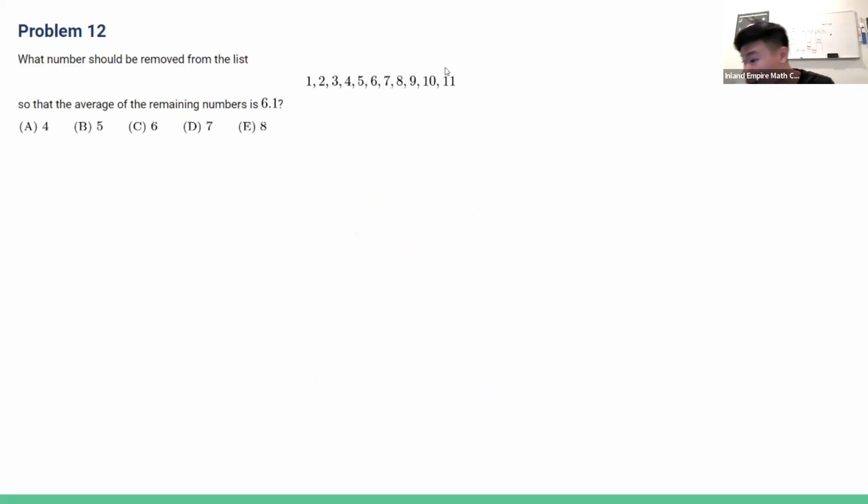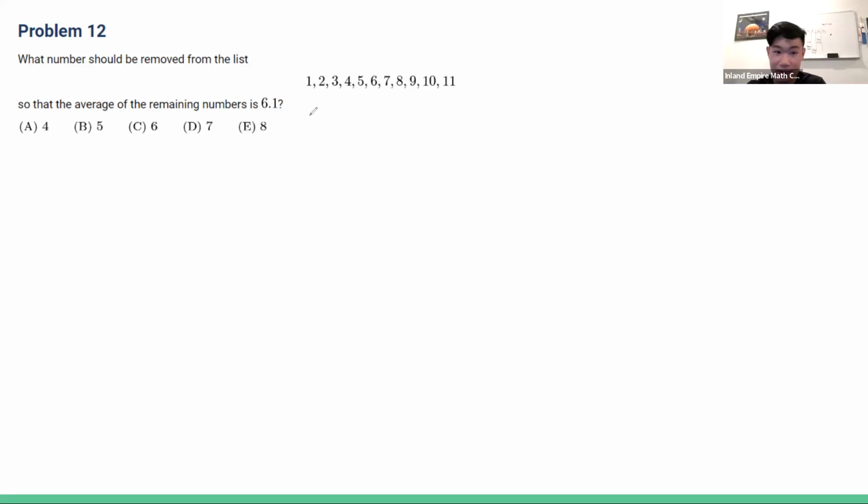All right, we have one last problem and 2 minutes to do it. So the question asks, what number should be removed from the list so that the average of the remaining numbers is 6.1? Okay, so let's go over averages. How do we find an average of a list? Well, we find an average by adding all the numbers together and then dividing by the amount of numbers, right?